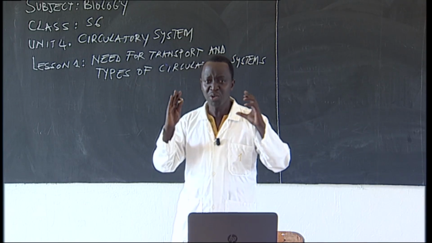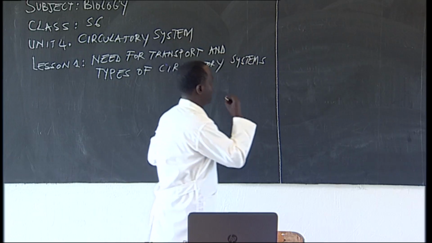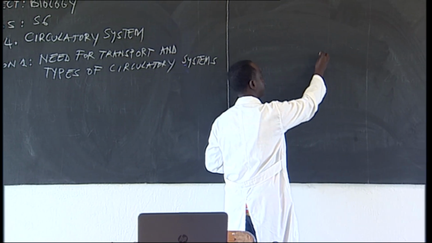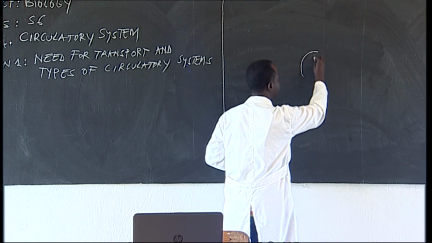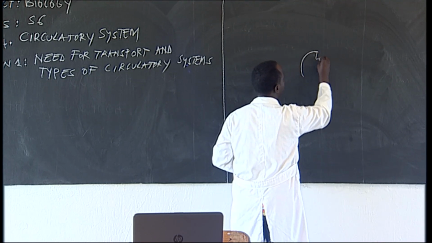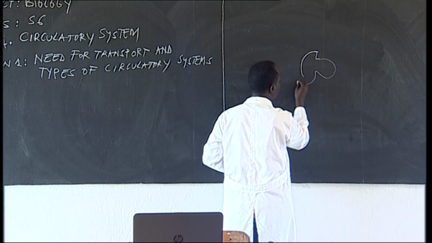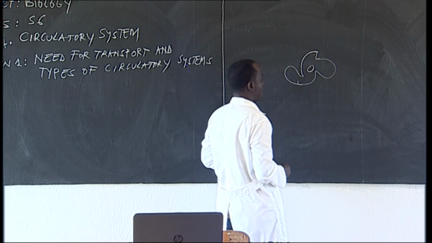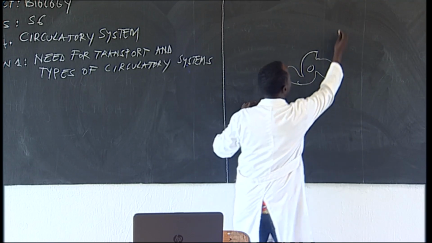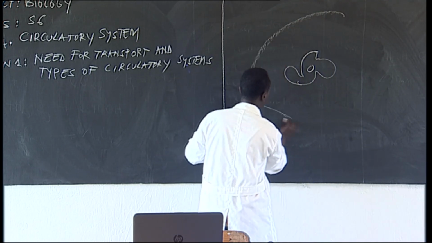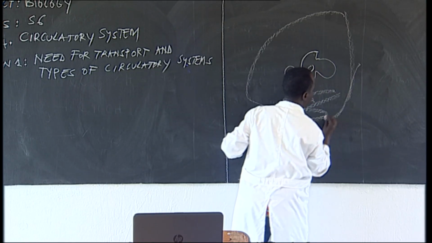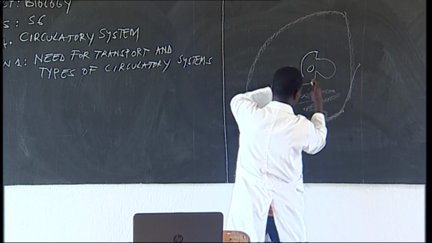When we talk about that, what do you understand about that? For example, suppose here we have, let's say, amoeba. It is an example, amoeba. And then because it is small, all these surfaces that surround this amoeba, there is a large surface because this one is small.